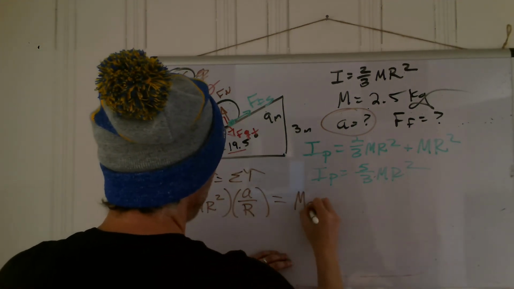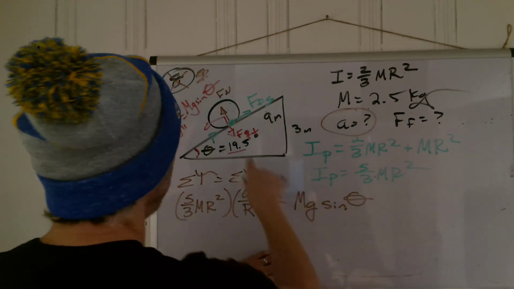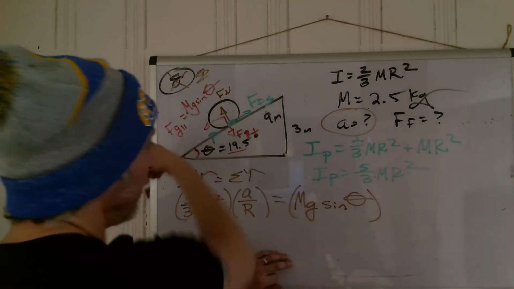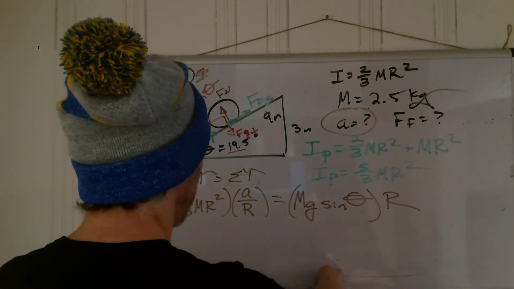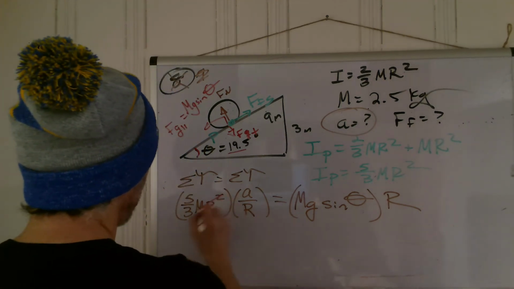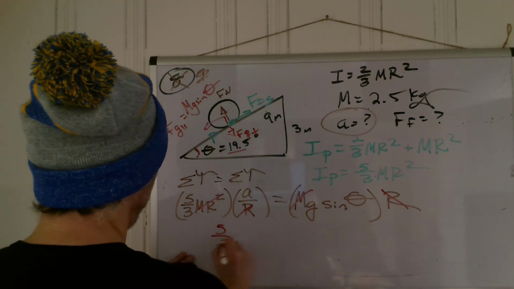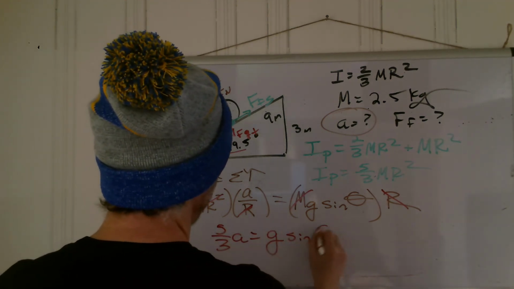That's mg sine of theta, which is either sine of 19.5 or 3/9, times r. All of the r's and m's cancel, and you get 5/3 a equals g sine theta.